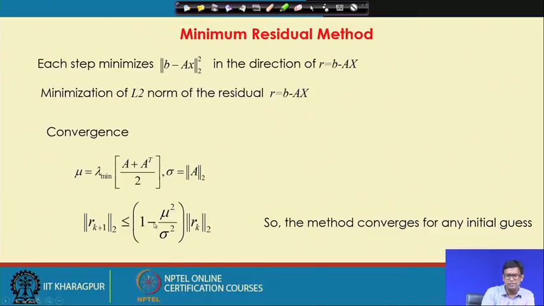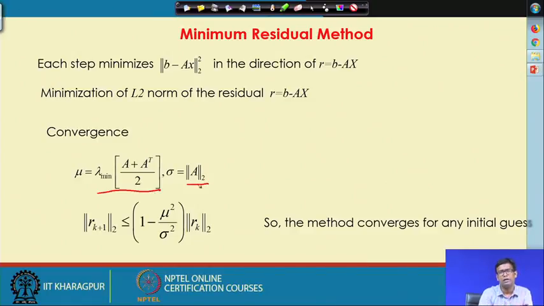Then this method will converge for any initial guess, and the rate of convergence will depend on the minimum eigenvalue of (A plus A transpose) by 2 and the second matrix norm of the matrix A. Now, this is again for a matrix which is positive definite.